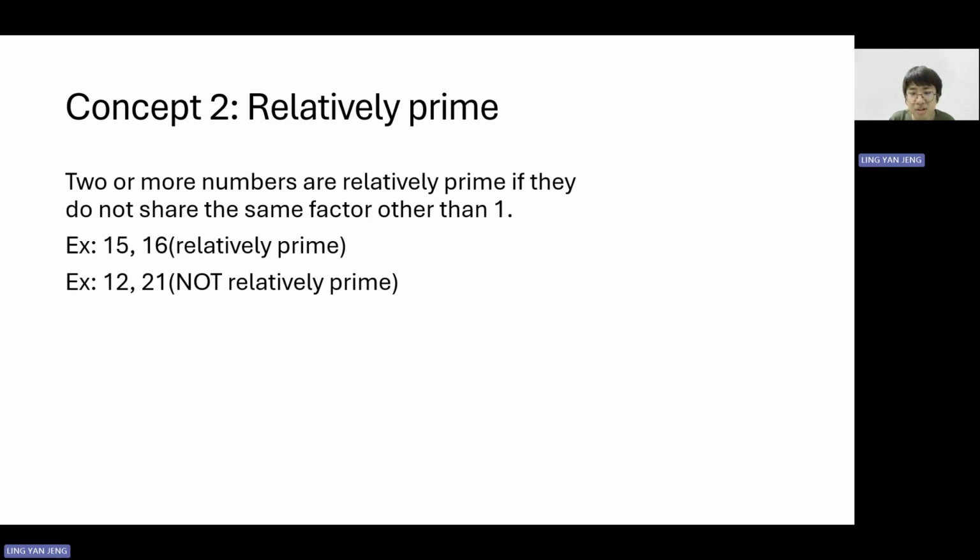So 15 and 16 do not share any factors other than 1, so they are relatively prime. However, 12 and 21 are not relatively prime, since they share the factor 3. Remember, this concept is important.